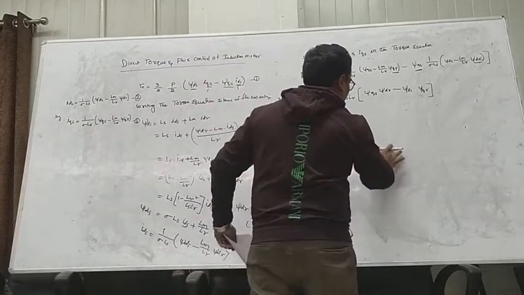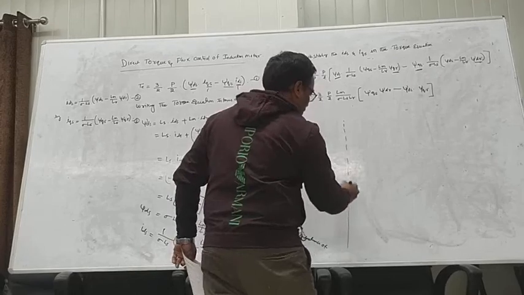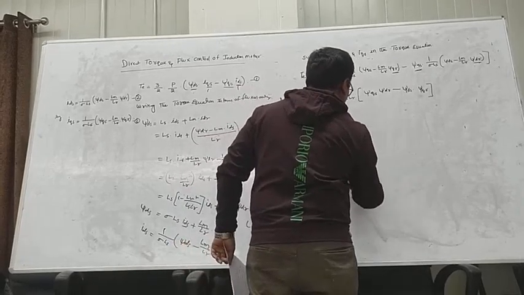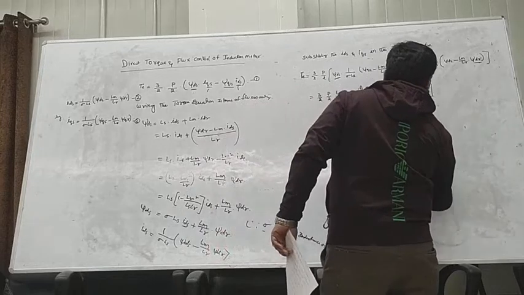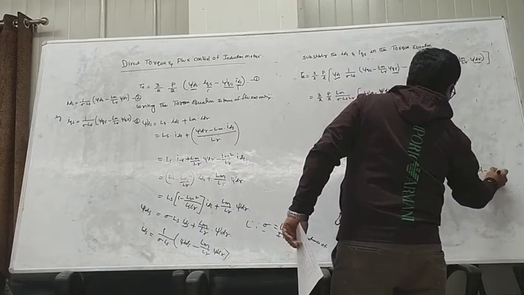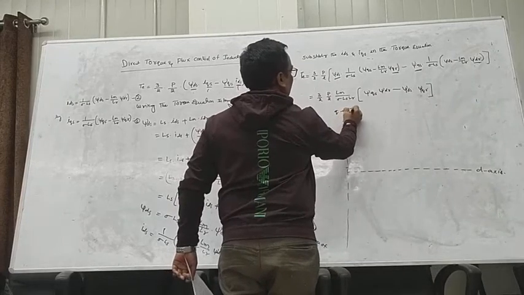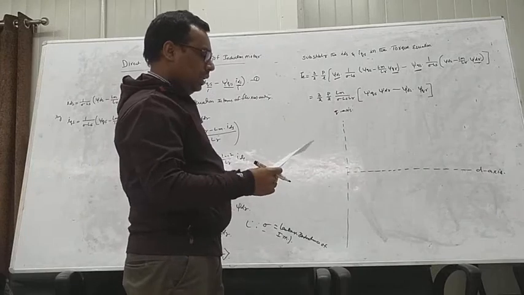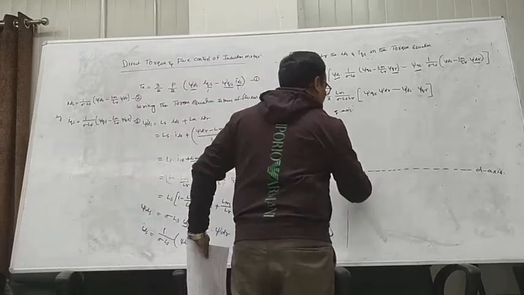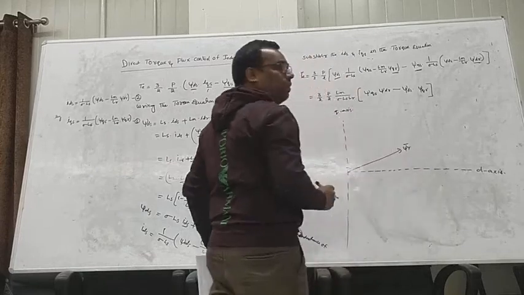So if you consider the d-axis and q-axis terms, this is the d-axis and this is the quadrature axis, and this is a flux vector. Let us consider this is the psi r flux vector.